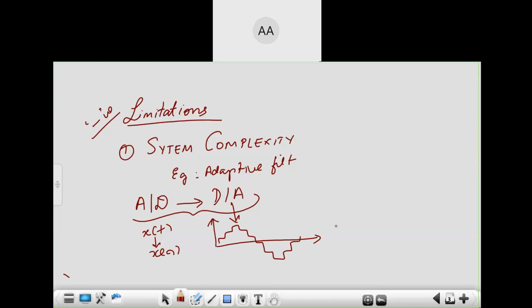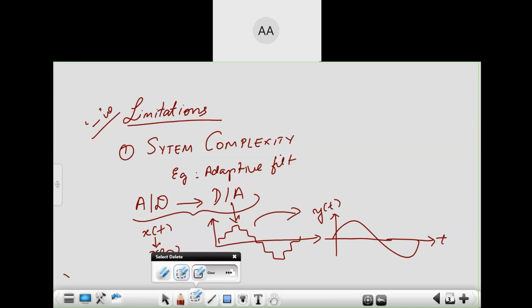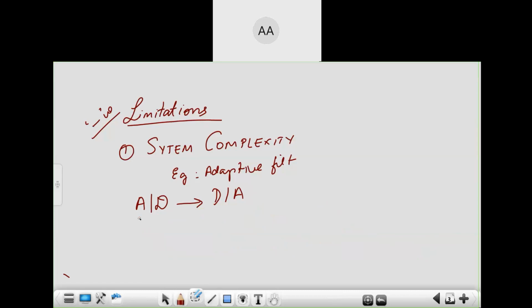Then you will pass it through a reconstruction filter, and the signal smoothens out, and you get your original signal back. y(t), the reconstructed signal, will be like this. So these processes involve a lot of operations. That is the reason the complexity of your system is increasing. Clear? Okay. So complexity increases.